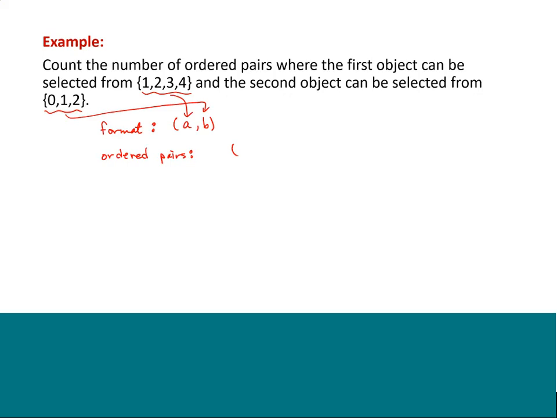Maybe you start off and pick the 1 to go in that first position, but then who could go in the second position? What do you guys think? Who could we write in that second position? In other words, if we want to finish off this ordered pair, what should I write after the comma?